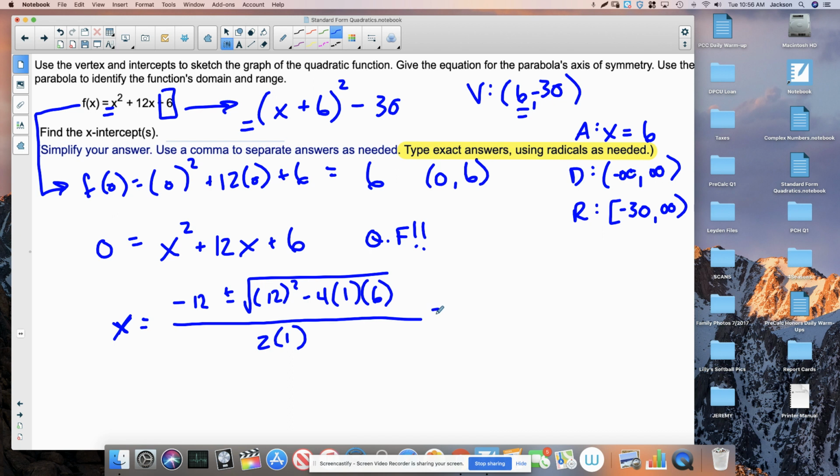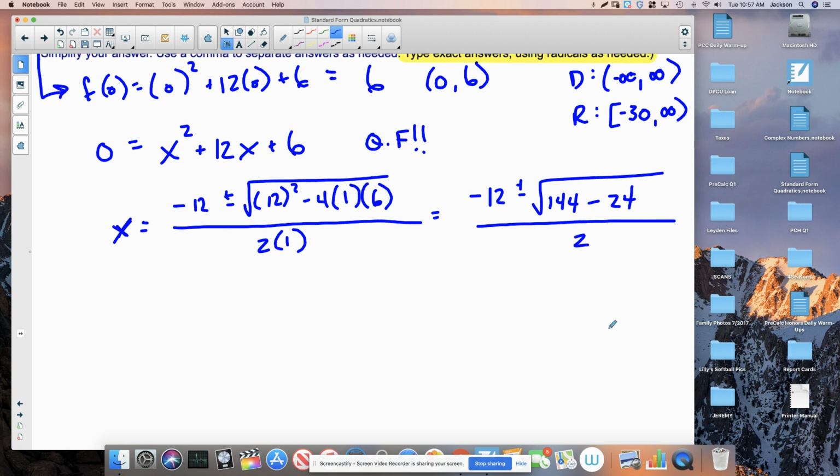So we end up with negative 12 plus or minus the square root of 144 minus 24, all over 2. I'm going to keep working down this right side of the page. So we have negative 12 plus or minus the square root of 120 over 2.